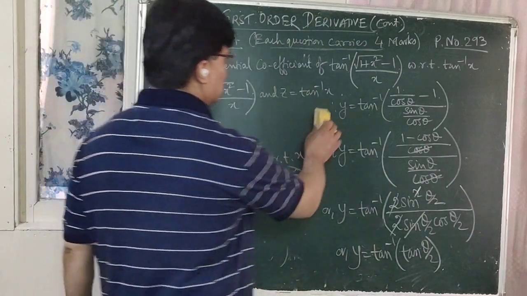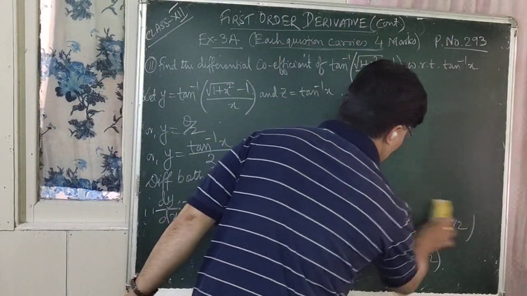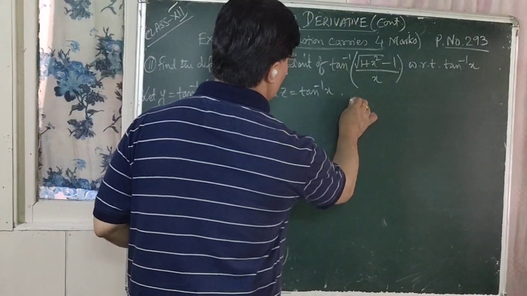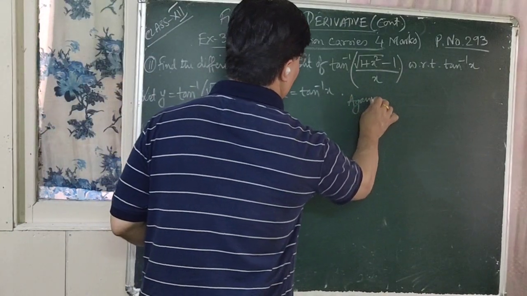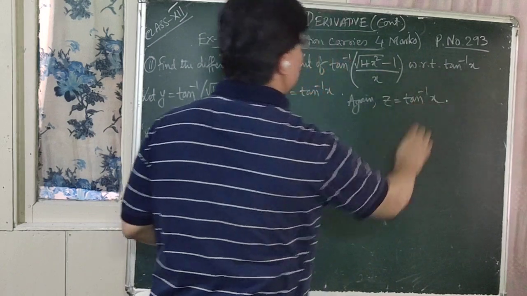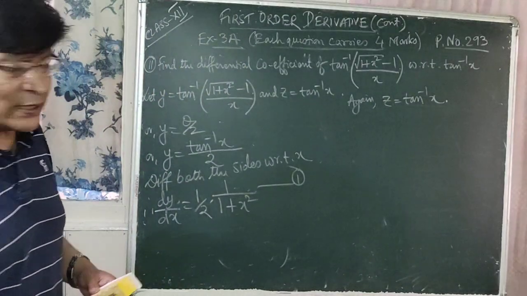Okay, so what is the next one here? That is z is equal to tan inverse x. So you have to find out dz by dx here.